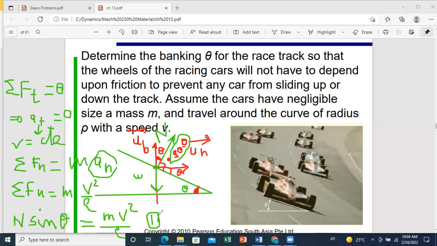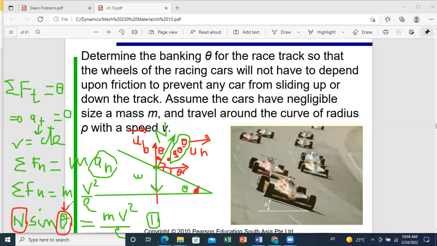This equation is not enough for me because I want to express theta as a function of v and rho. But already here I have two unknowns in this equation, which are the normal and theta. So I need another equation to eliminate N and just have the expression of theta.